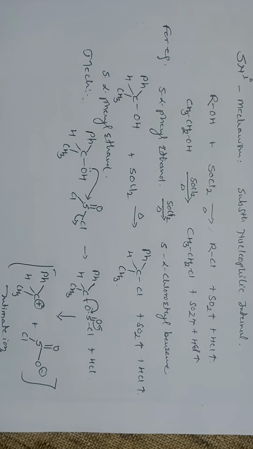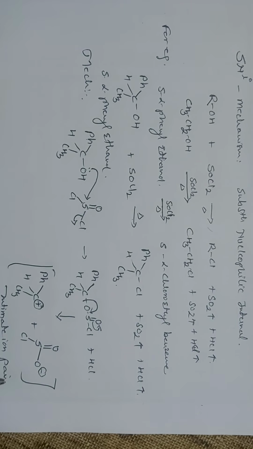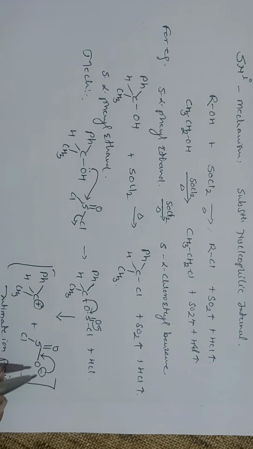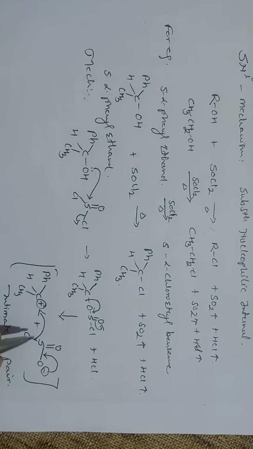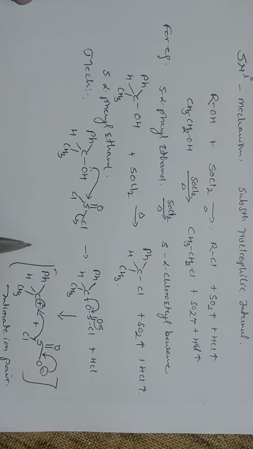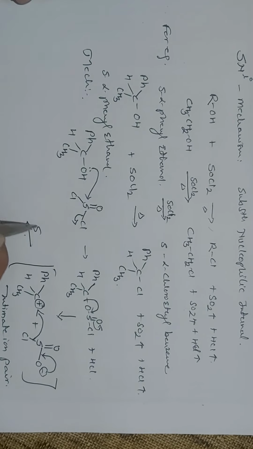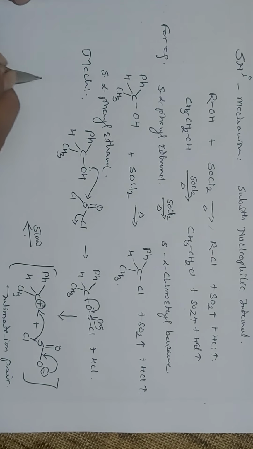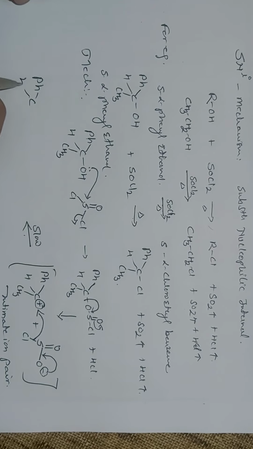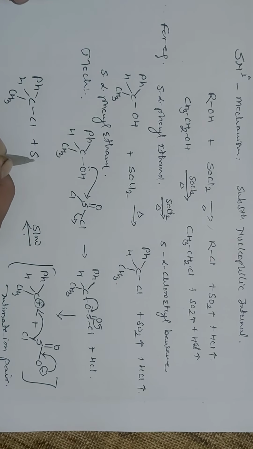ion pair. And once this intimate ion pair is formed, the negative charge or the electron pair on oxygen is given to this sulfur, and this chlorine is set free, and along with the lone pair of electrons approaches the carbocation, and you get the formation. This step is the slow step and gives you the product in which retention in configuration is obtained.